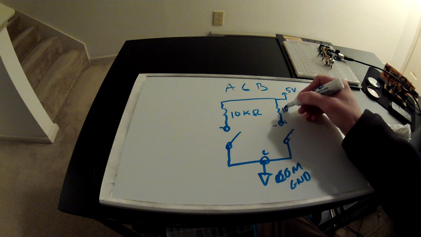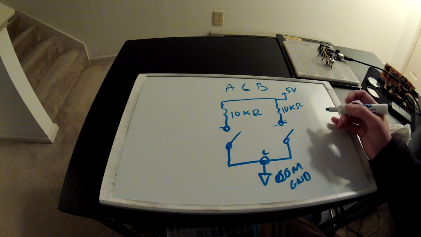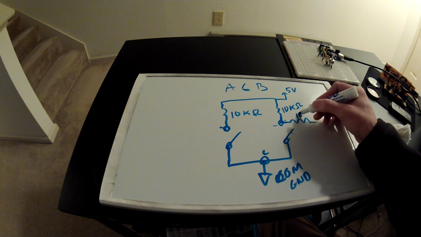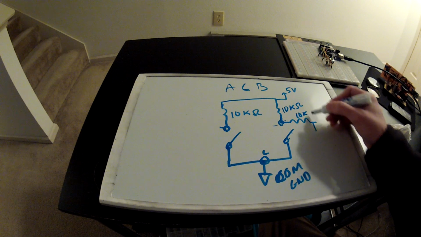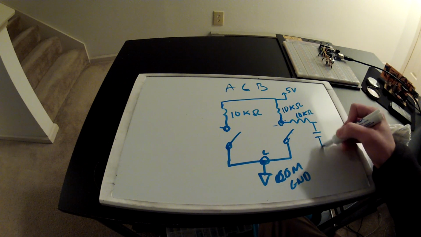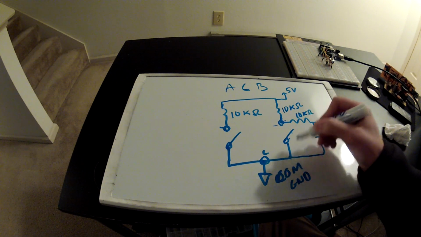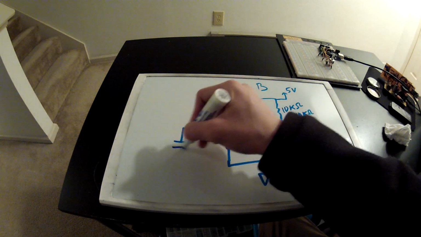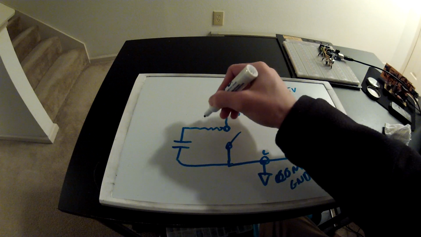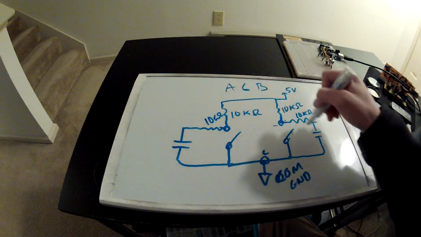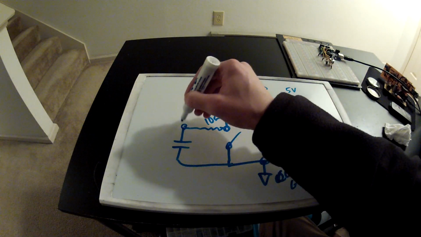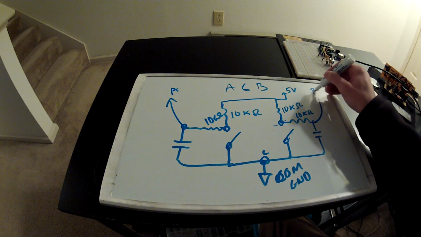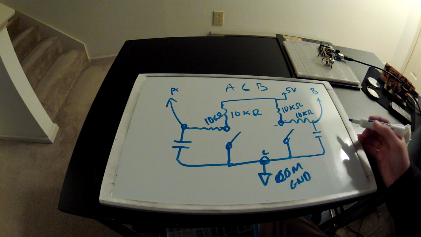So they recommend you still have this 10k ohm here, but then you wire up another 10k ohm here, and then a capacitor here that you also tie to ground, and then the same thing over here, which is also tied to ground. This is a 10K ohm. Now I'm not labeling these capacitors yet for a reason. This would be your A wire then, and this would be your B wire, or your B signal.